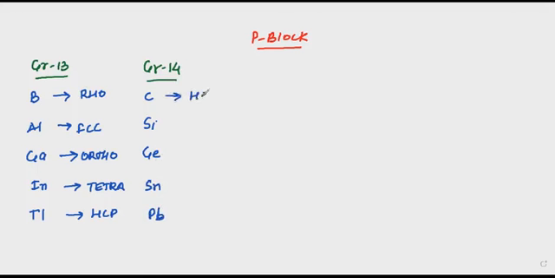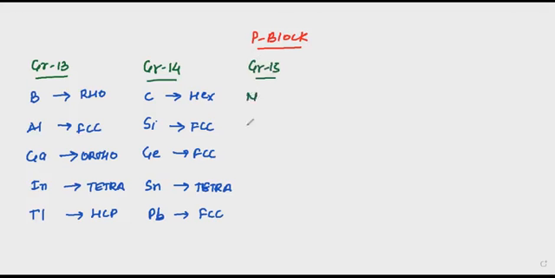This is hexagonal, that one is FCC, this one is FCC, that one is actually tetragonal, this one is FCC. Now after that we are coming to the next one, group 15.